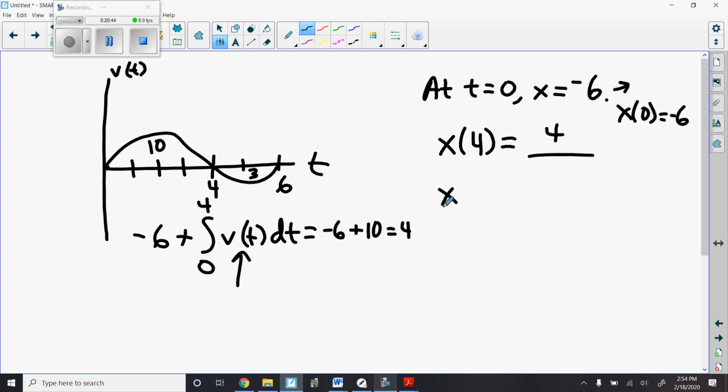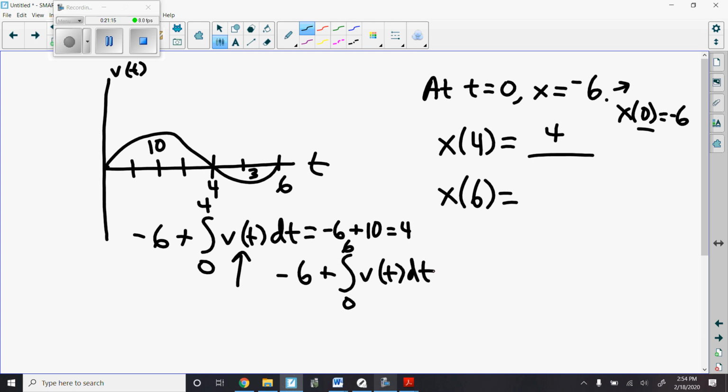What about my position x at time 6? What is my position at time 6? Well, again, to do that, I need to use my initial condition plus my integral. So I'm going to take my initial position, my initial condition of -6, plus the integral from the time I have, 0, to the time I want, which is 6, of v of t dt.